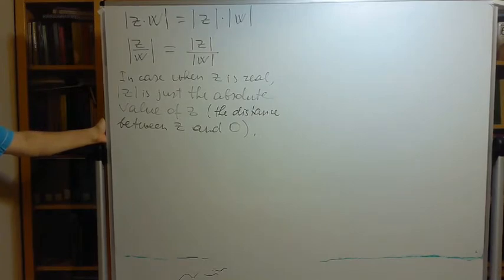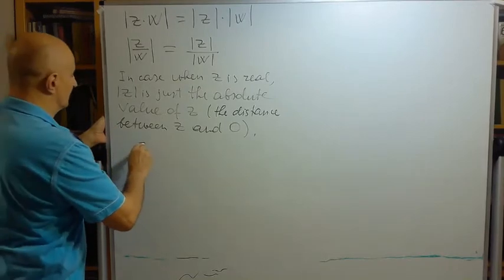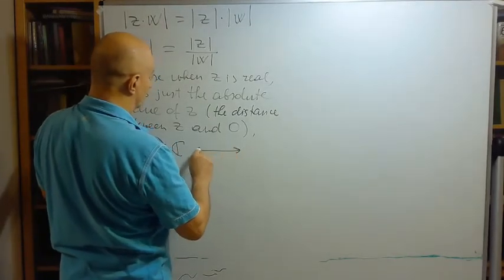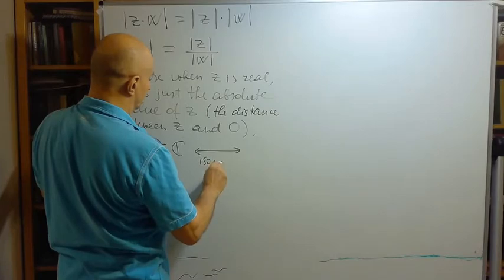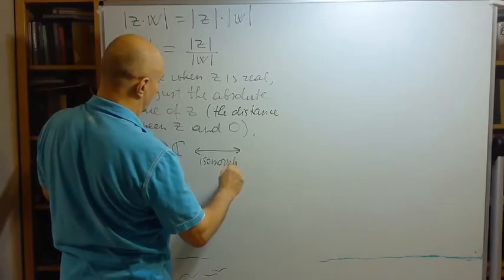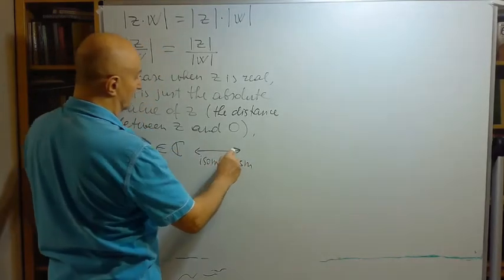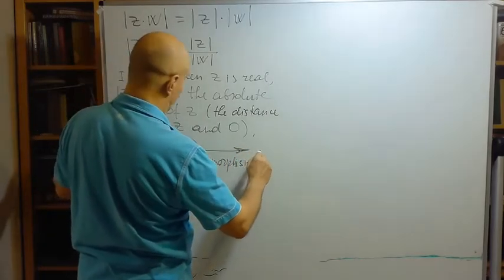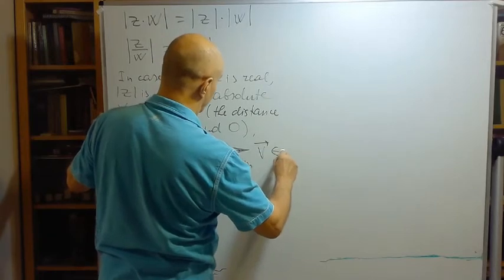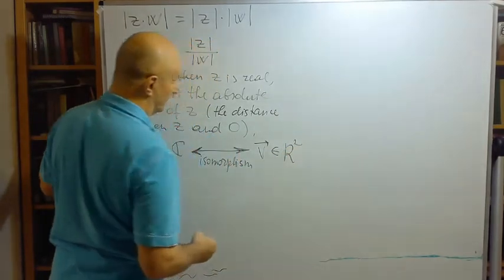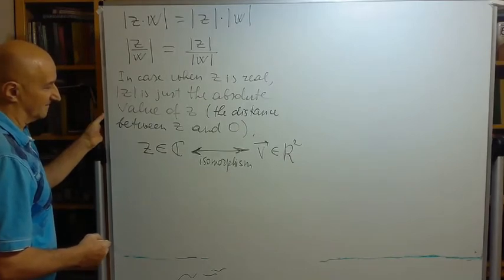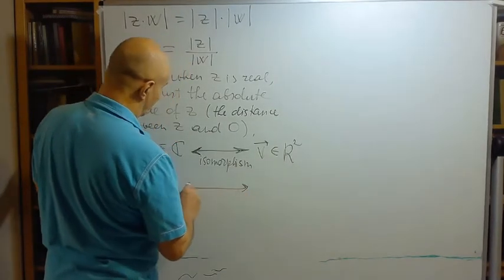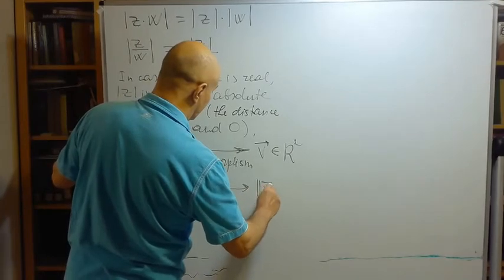When you make the correspondence between z belonging to the complex plane and your isomorphism with vector v that belongs to R2, then of course modulus z can be put in correspondence with the norm of vector v.